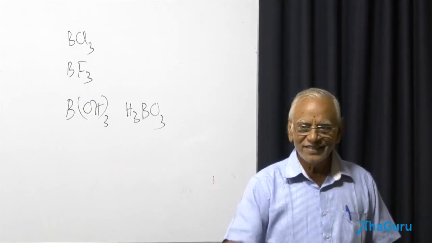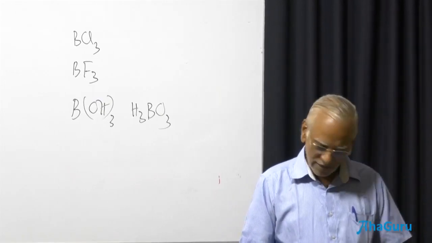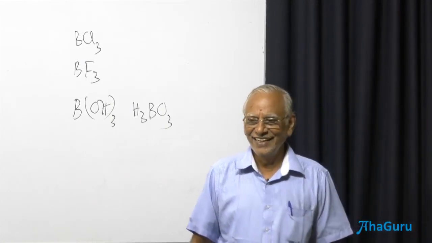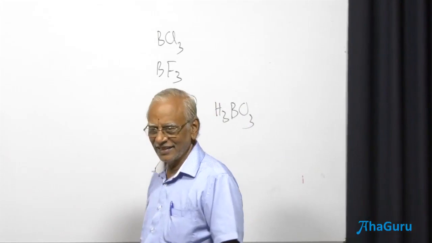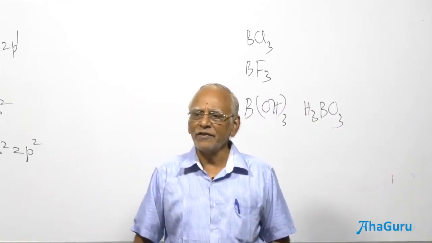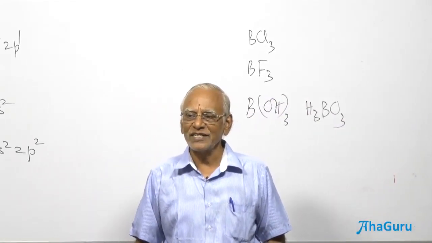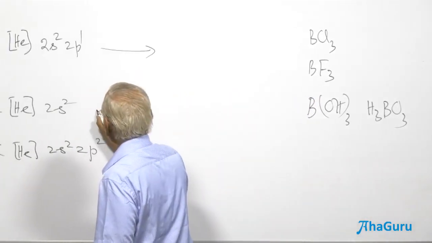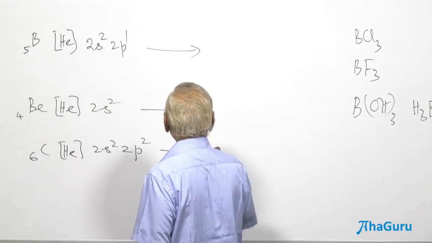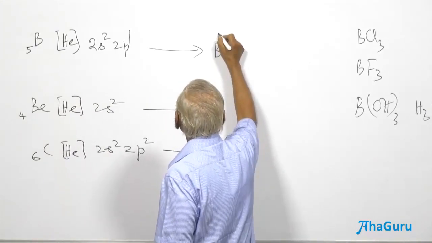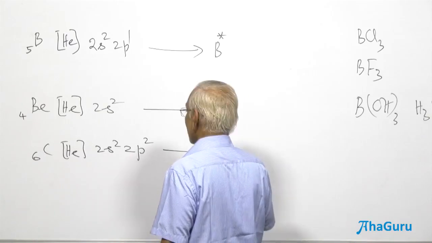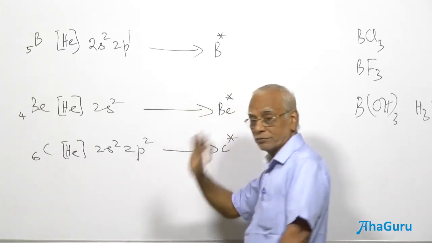Make a note of it. In all the other compounds, what is the valency of carbon? 4. Carbon is tetravalent. Now, these 3 cases, boron, beryllium and carbon, they always make use of excited state configuration.